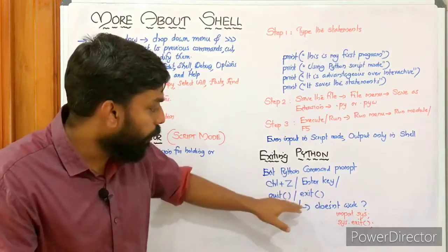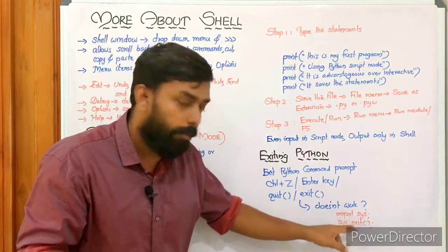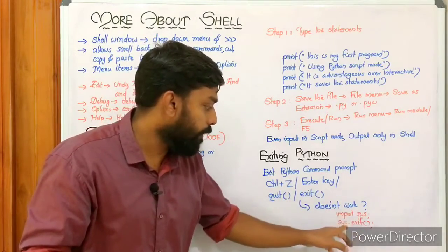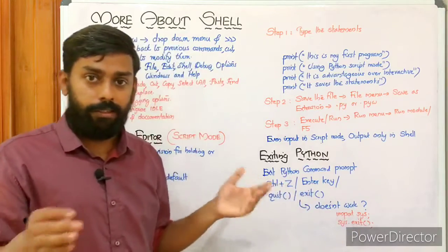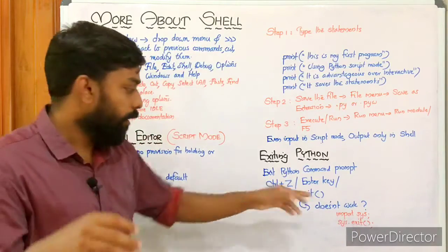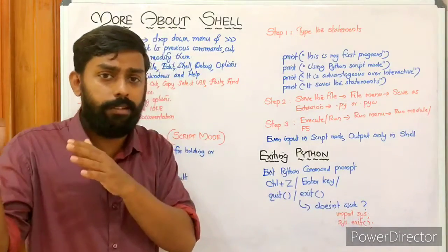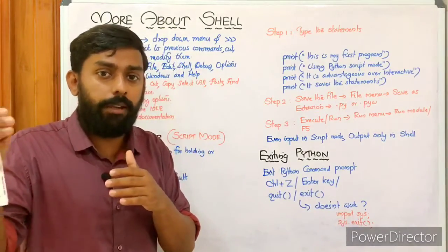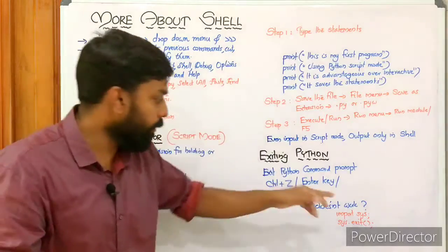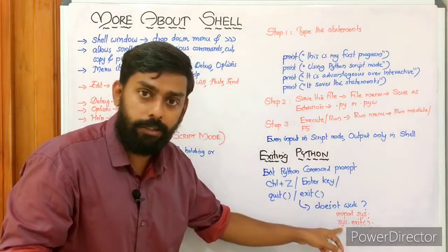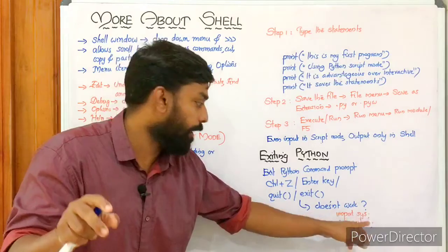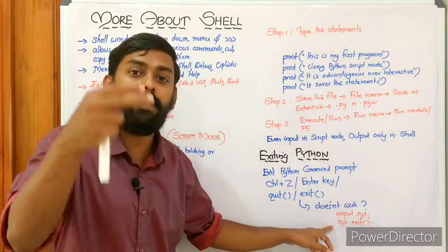If it is not working properly, you can use import sys, then sys.exit. Sys is the system module. You have to import sys first, because it is a built-in functionality. The exit function is available in sys, so to execute it you have to import sys into the program.